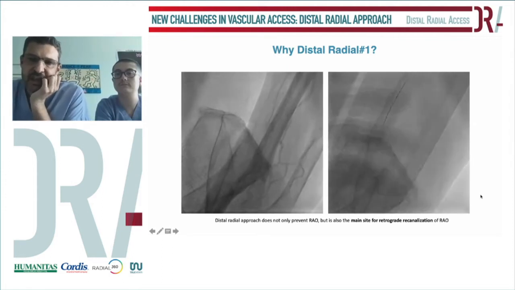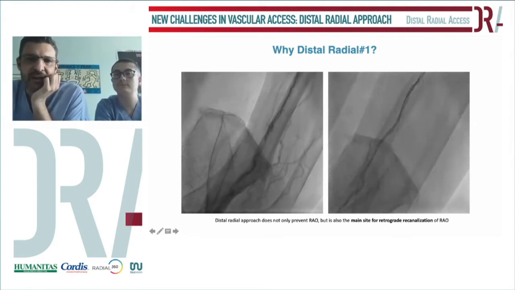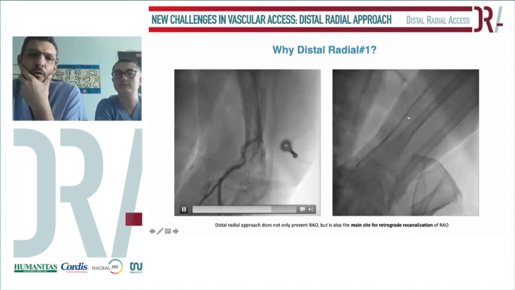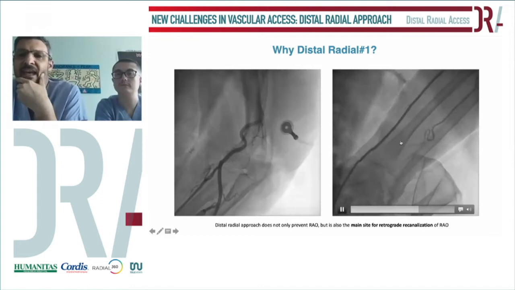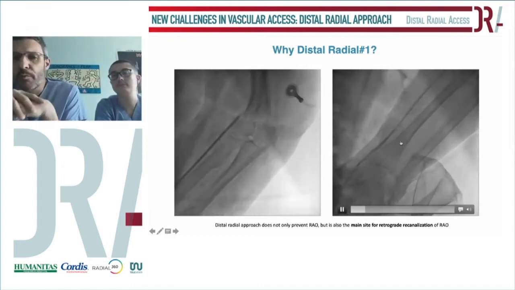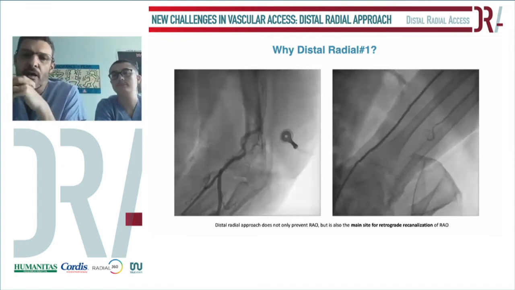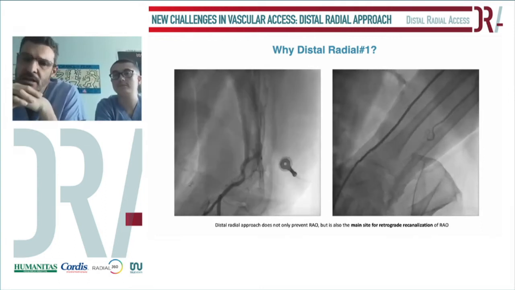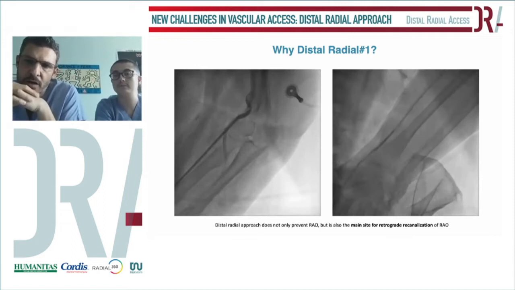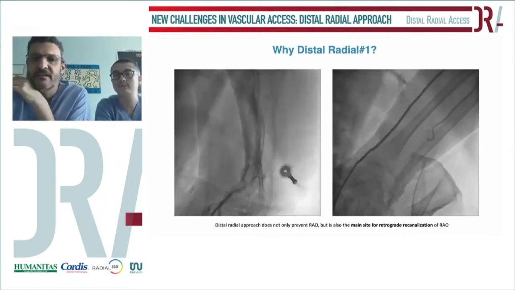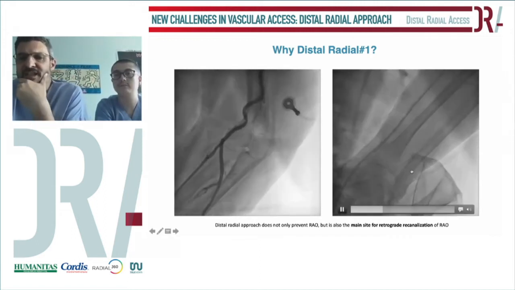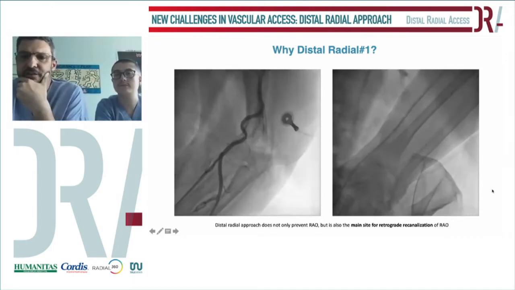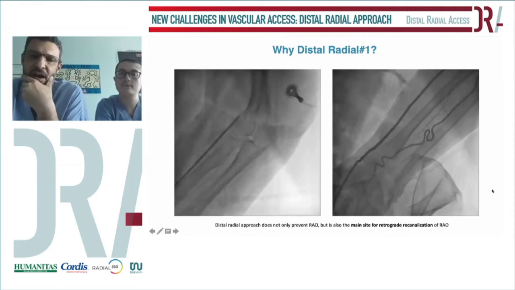In this case, we were able to advance the sheath until the elbow, and then we performed our procedure. At the end, we achieved a complete recanalization just with the sheath advancement without needing balloon or drug-eluting balloon. This is the final result. So it's a very useful access also in case of radial artery occlusion.